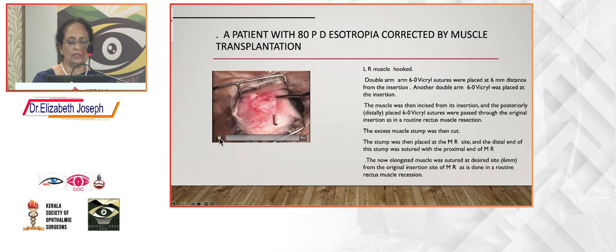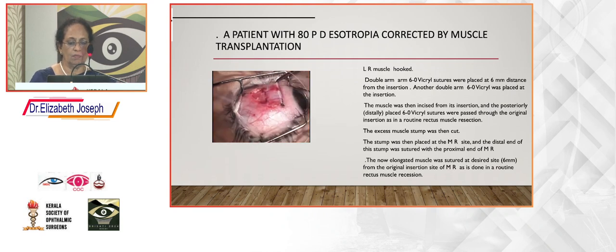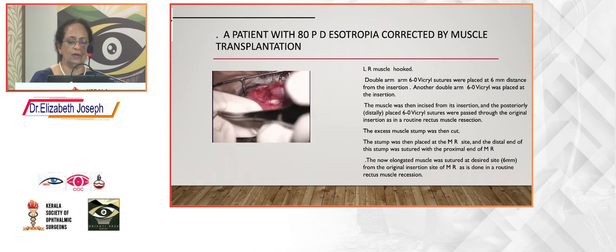So that's an esotropia. Here, we are planning a resection of the lateral rectus and recession of the medial rectus. Now the lateral rectus muscle is hooked, and we are planning a 6 millimeter resection. Sutures are passed 6 millimeters behind the insertion, and the entire width of the muscle is woven by this suture.